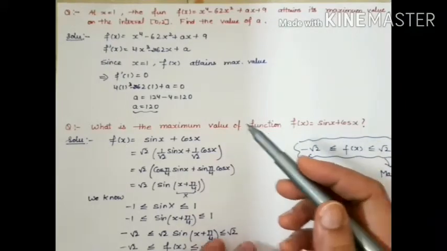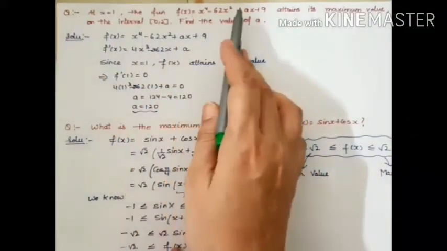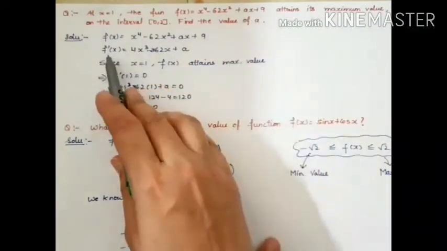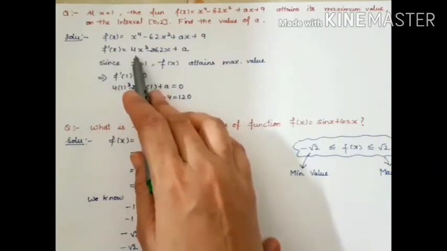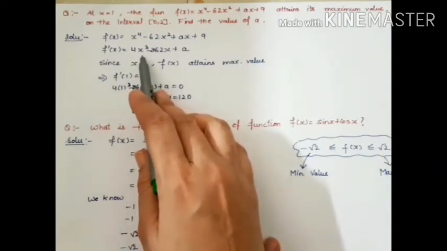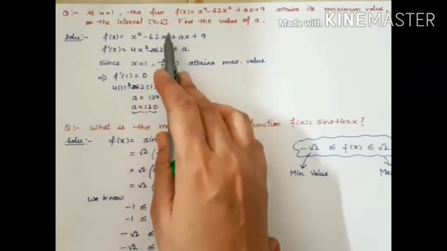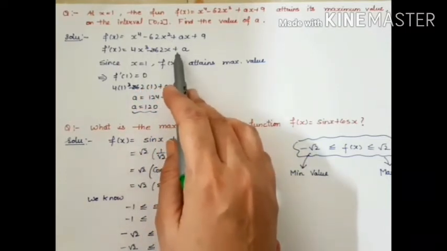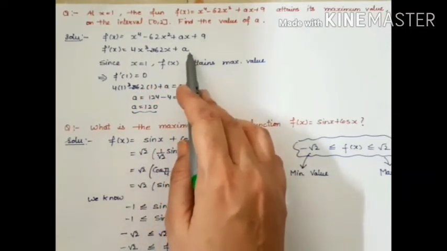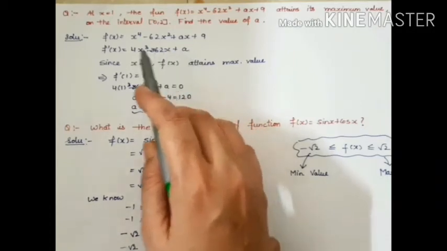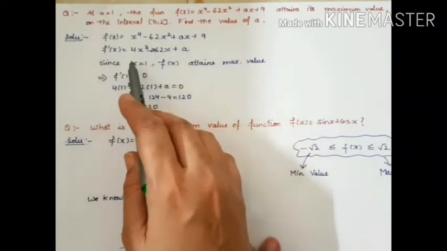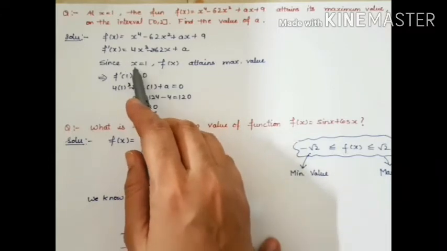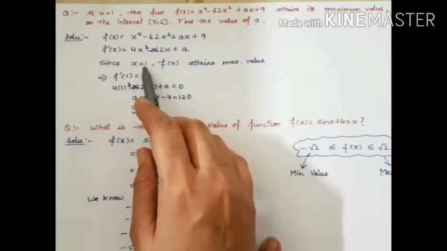Let us see. Now f of x is given to us as this. That means f dash x is 4x to the power 3 minus 2 into 62x plus a. This is the derivative of f of x. Now since x is equal to 1 is the point of maxima, that means x is equal to 1 is basically your critical point.